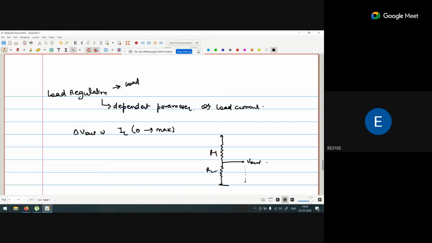So if no current, V out is V in into R2 upon R1 plus R2.